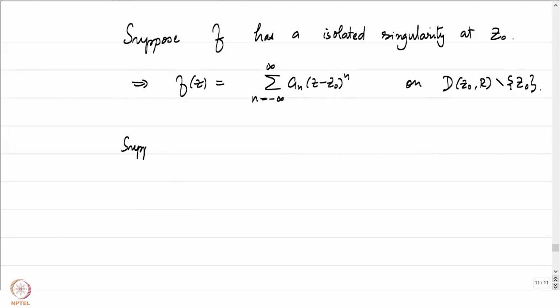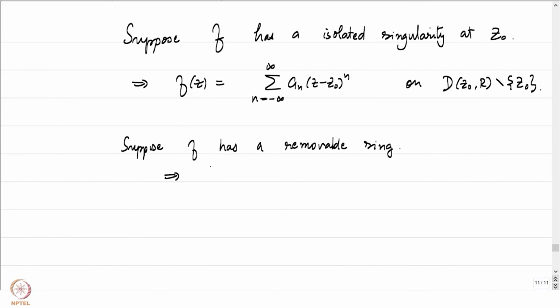Suppose the function f has a removable singularity. What does that mean? That means that you can write f equal to g on D(z0, R) minus z0, where g is a function holomorphic on D(z0, R).